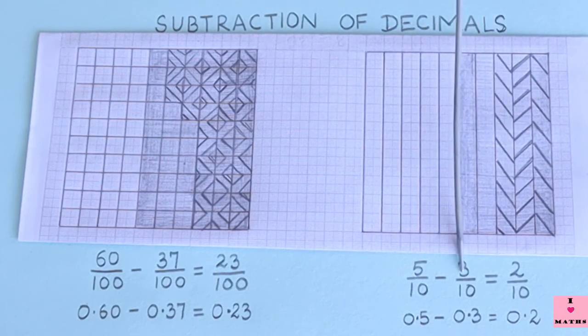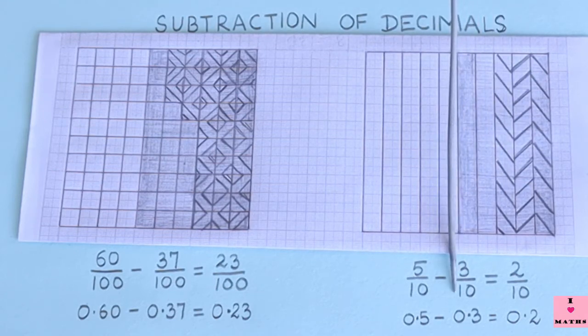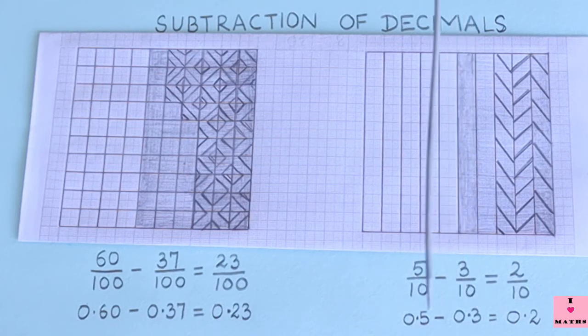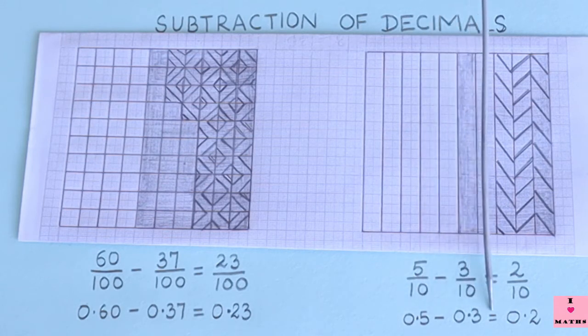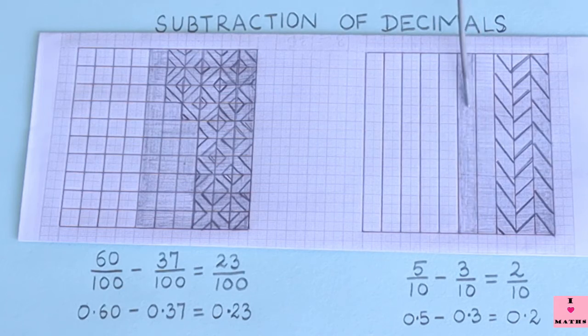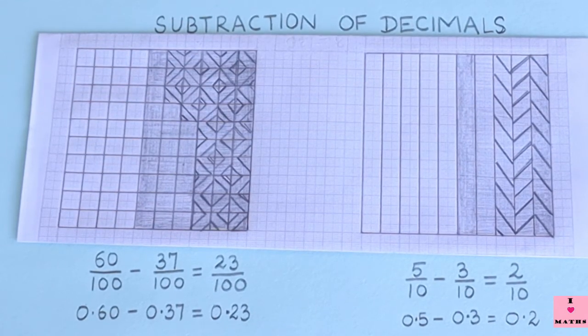So 3 out of 10, 3 upon 10, which is equal to 0.3. So 0.5 minus 0.3 is equal to 0.2. These two parts are the remaining parts, 2 out of 10. So this is how we subtract decimals.